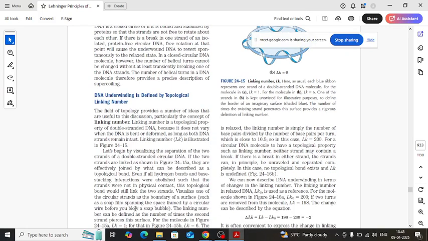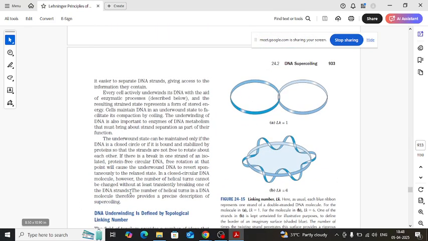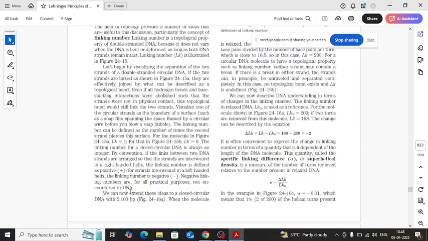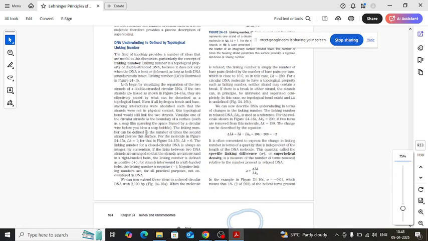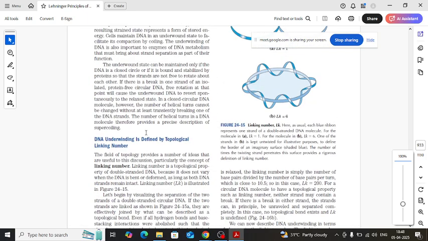Now this linking number which we introduced is a topological property, because it does not vary when the DNA is bent or deformed, as long as both DNA strands remain intact.